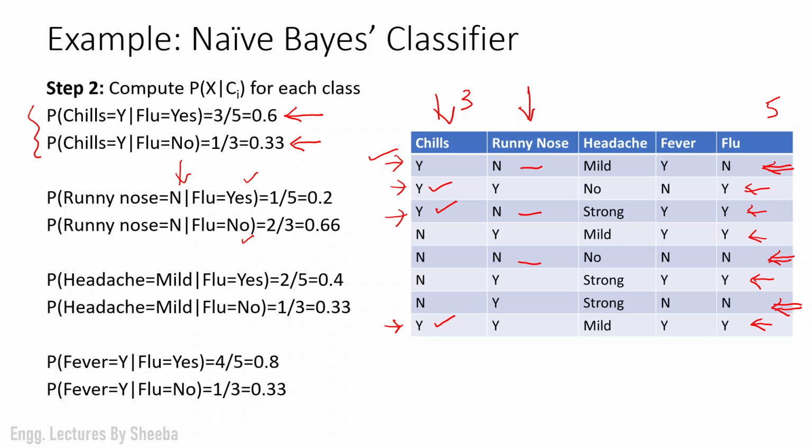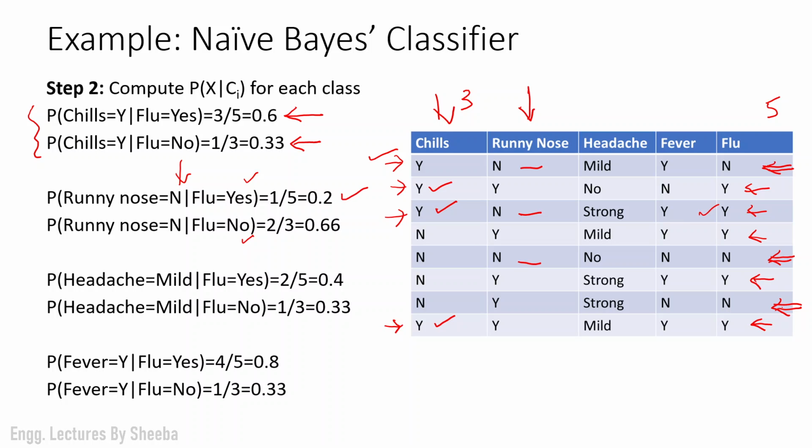So in these 3 tuples, how many are there with yes? You can see this is yes. Then you can see only 1 is yes. So how many yes are there in total? 5. In the flu column, you can see there are total 5 yes tuples. So in the runny nose, there is one no which is giving yes as the flu. So the total probability is 1 by 5.